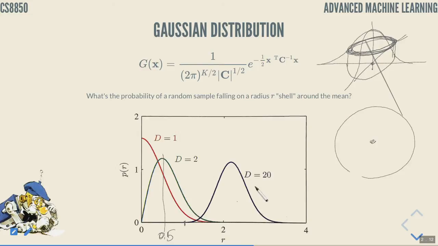So it doesn't mean any point here is like any other point. They're very different because there are many more options, but they're all concentrating around the shell in this multidimensional space. Not falling into the mean is super, super, super unlikely. And the mean is our average case, right?